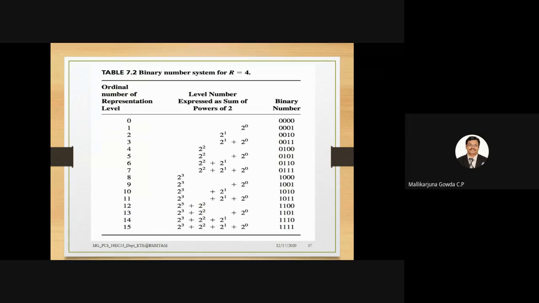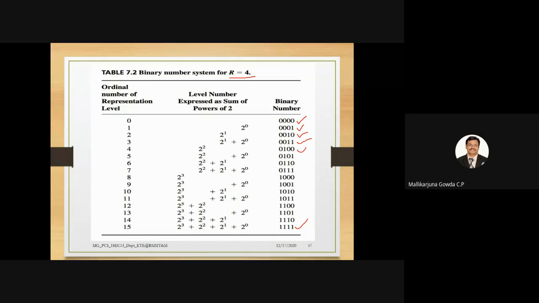Hope you are understanding this. This is when R is equal to 4. These are the representation levels, from 0 to 15, that is 16 levels. For 0, I can represent that by 4 zeros. 2 power 4 is 16, so 16 levels I can represent: 0, 1, 2, 3, 4, and so on up to 15.